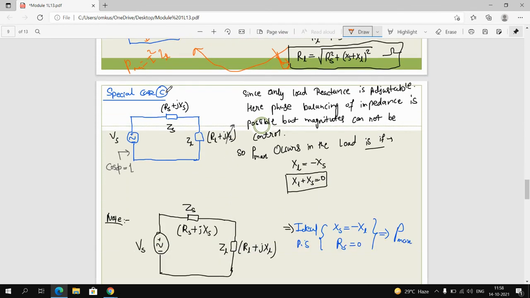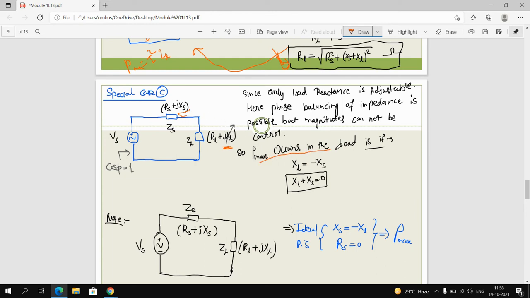Similarly, special case 3, here ZL can be made equal to ZS. You can make the load reactance equal to the source reactance with opposite phase, right? So then you can achieve your power factor as unity, because once you can vary this, you can cancel out these two terms, right?